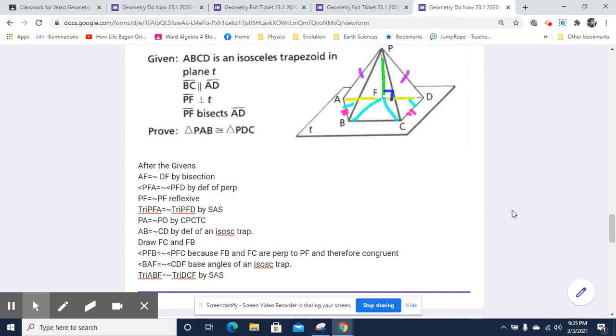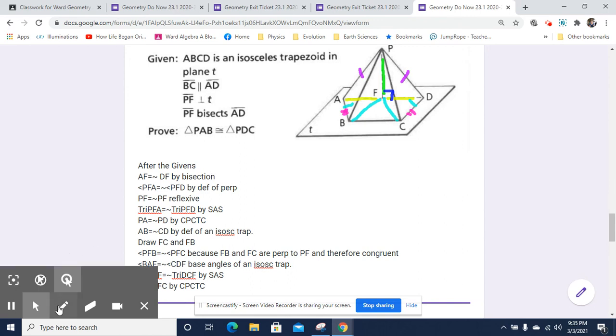And once we have that, now we can say that FB is congruent to FC by corresponding parts of congruent triangles are congruent. All right, so let's go ahead and label that. Make those little blue lines. And now we already know PF is itself.